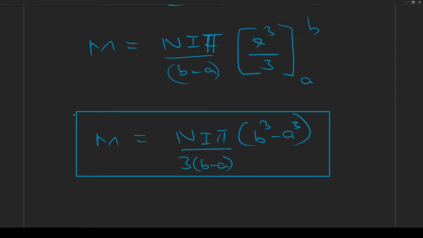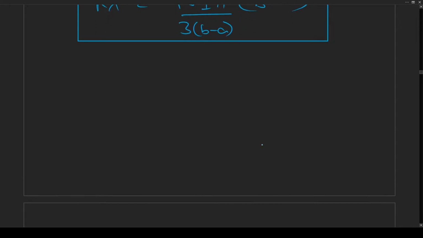This is the answer. We can further simplify it by cancelling this and writing it as a square plus ab plus b square, but I will not be doing it.